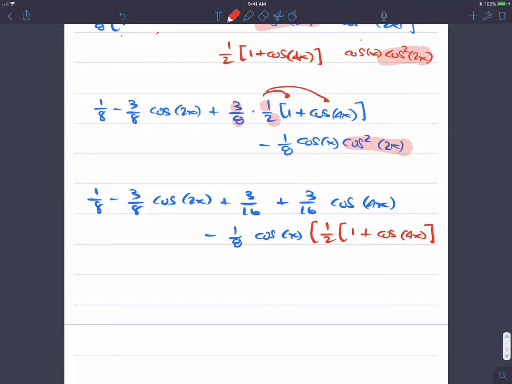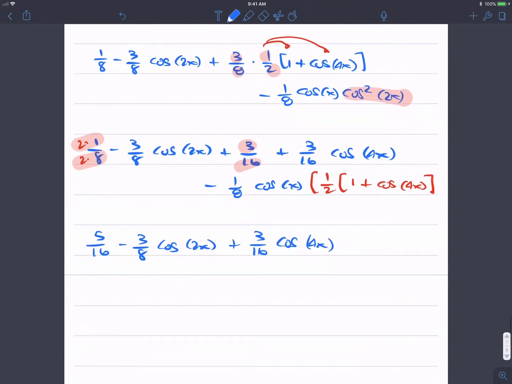So since I'm on the topic, 3 times, sorry, not 3, but 2. 2 times 1, 2 times 8 gives me 16. So I'm going to be able to combine now. This is 2, and this is 16. I can add it with my 3/16. So this gives me 5/16 minus 3/8 cosine 2x plus 3/16 cosine 4x.